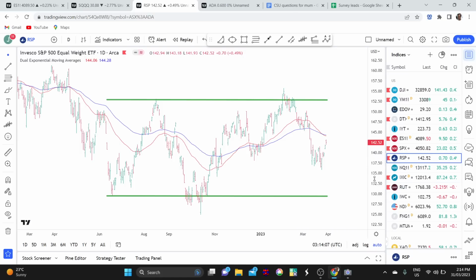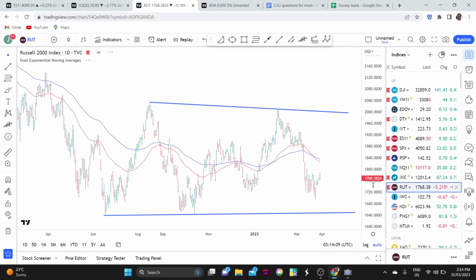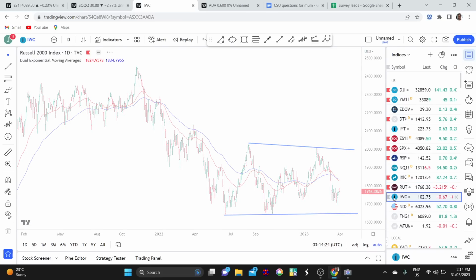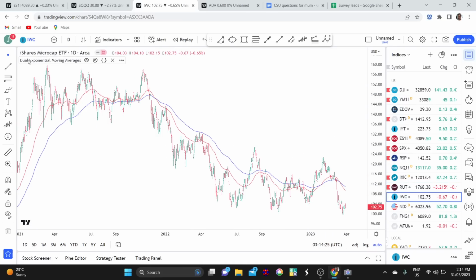And just briefly looking at the Russell 2000, the small caps, it's the same situation. Big range, and we're towards the bottom end of the range. It's hard to get super confident about a market when you don't have that broad participation. Breaking it down further, looking at an iShares micro cap ETF, this made a new low just this week.